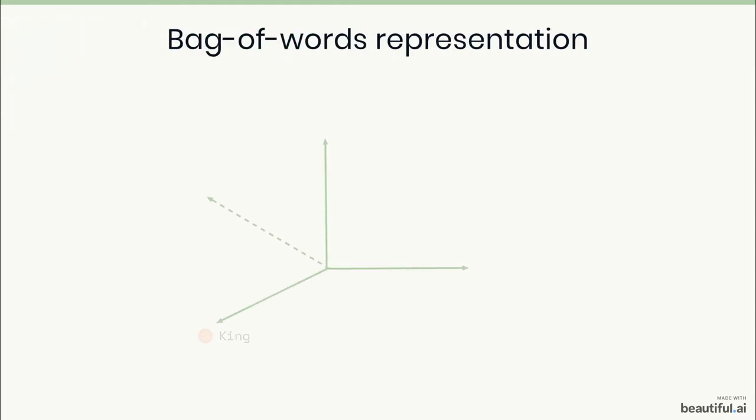If we want to visualize how the bag of words representation looks, we see that since every word is associated with its own unique dimension, all these vectors, like the vectors associated to man, woman, king, and queen, are all independent.